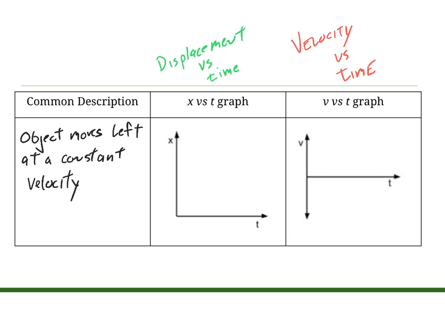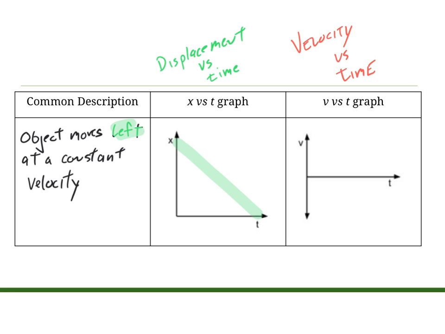And yesterday and today, we talked about the fact that if something is moving left, it's moving towards the motion detector, and if it's moving towards the motion detector, it's going to have a negative slope.